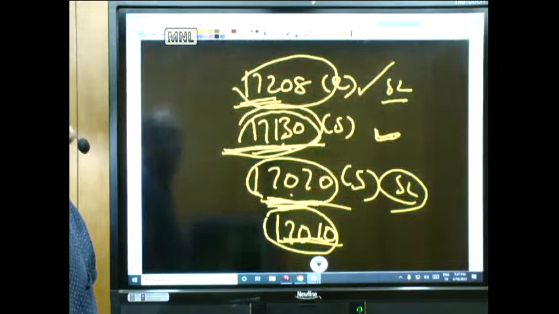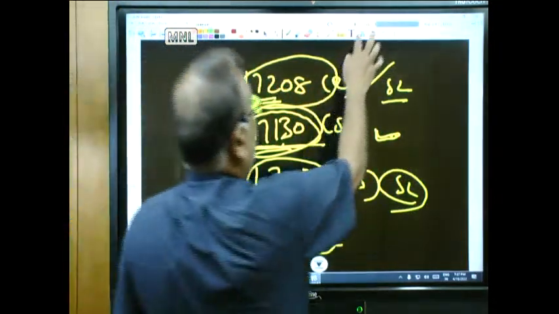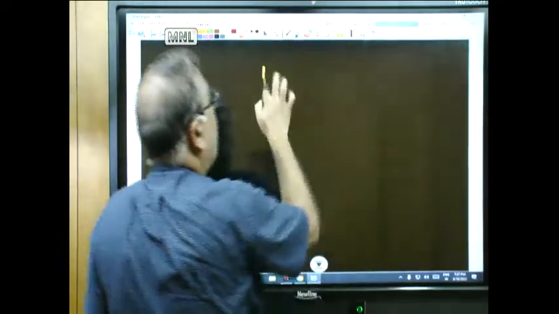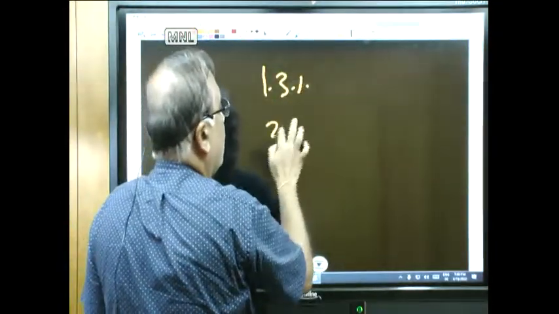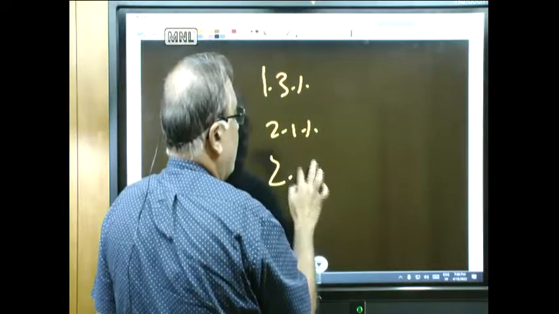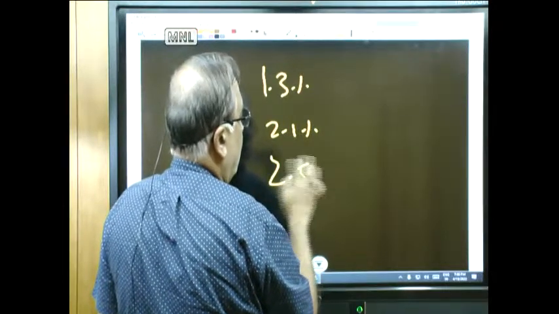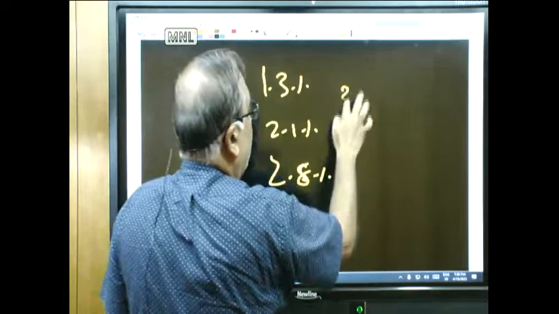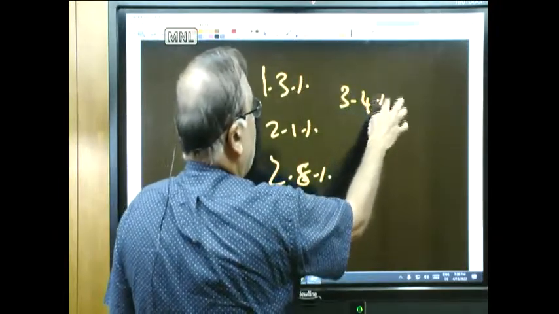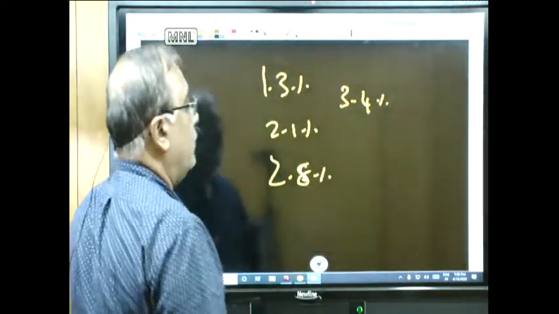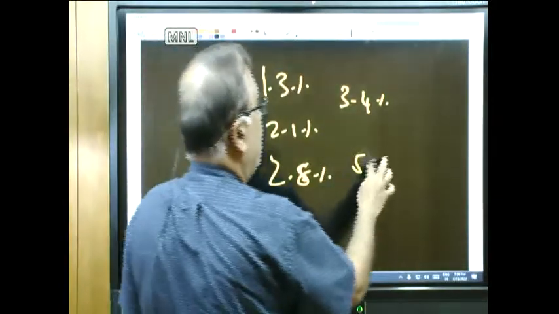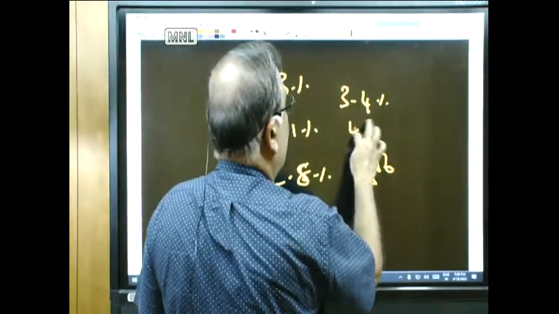So the general thing that you can go for is 1.3%, 2.1%, then 2.8%, then 3.4% can be used, and then 5.56%, and before that you will have 4.7%.